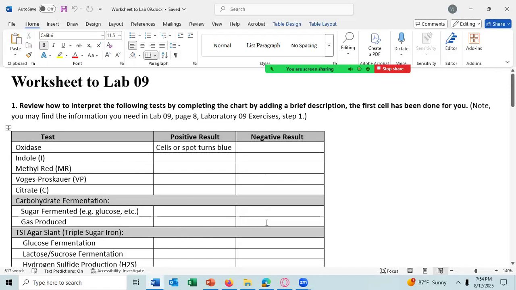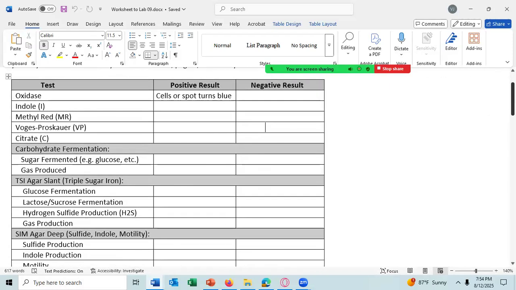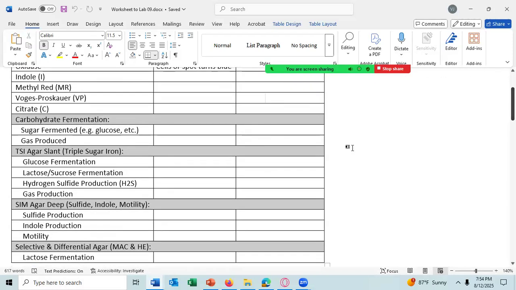What do you see? And then go on and give me the TSI agar slant, which we discussed here. If glucose is fermented, tell me the result here. And if glucose was not fermented, give me the result there. And then if lactose and sucrose are fermented, give me the result there. And give me the result there.